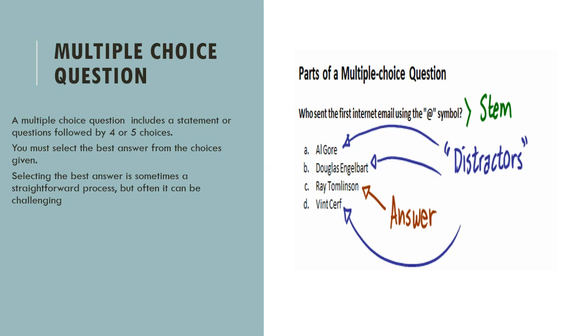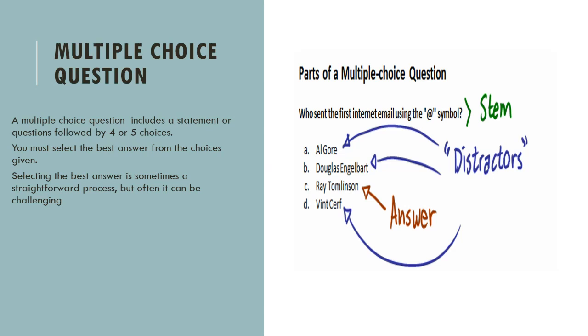If you look at your multiple choice question, I just want to show you the anatomy of a multiple choice question, right? You're not going to be tested on these terms in your exams, but it's important for you to know what they are. First, you'll have a question or a statement like this, and we call it a stem. Who sent the first internet email using the @ symbol? That is a stem.